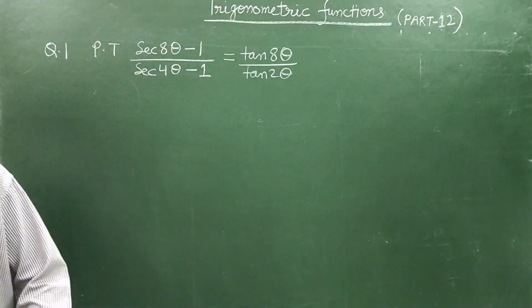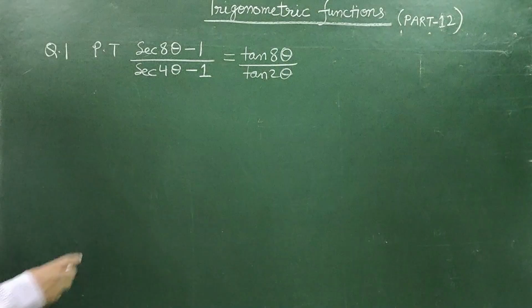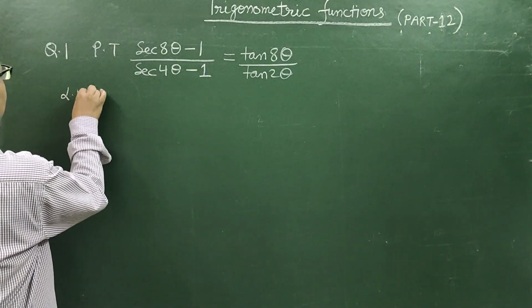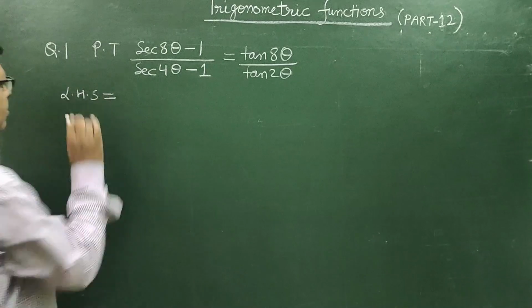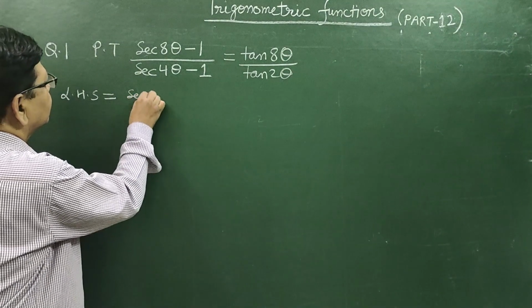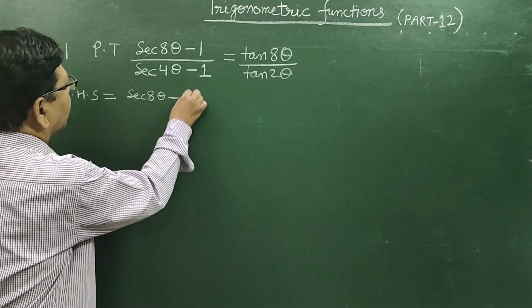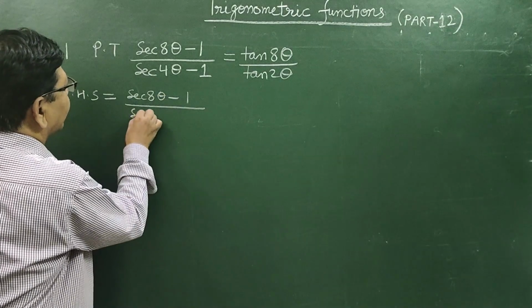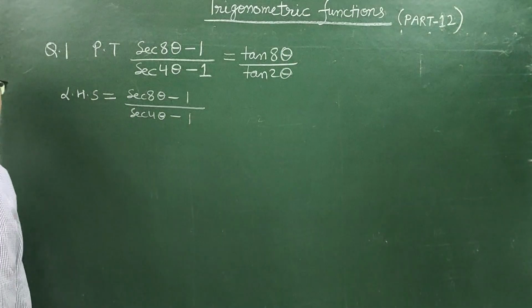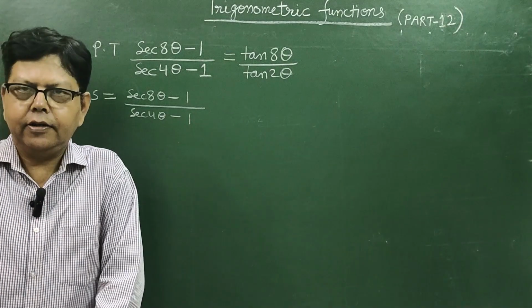Student, let us consider the left hand side of this trigonometric function. Left hand side is (sec 8θ − 1) upon (sec 4θ − 1).